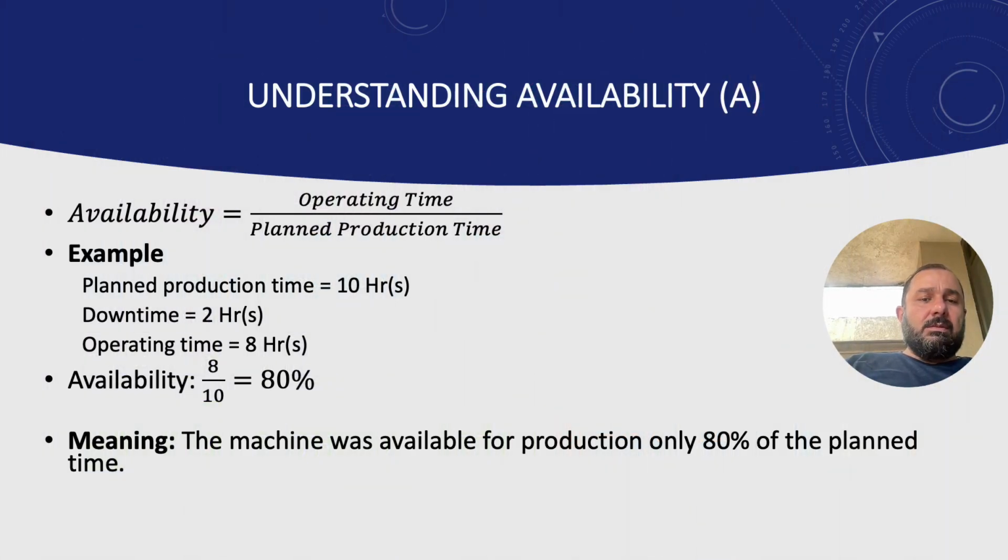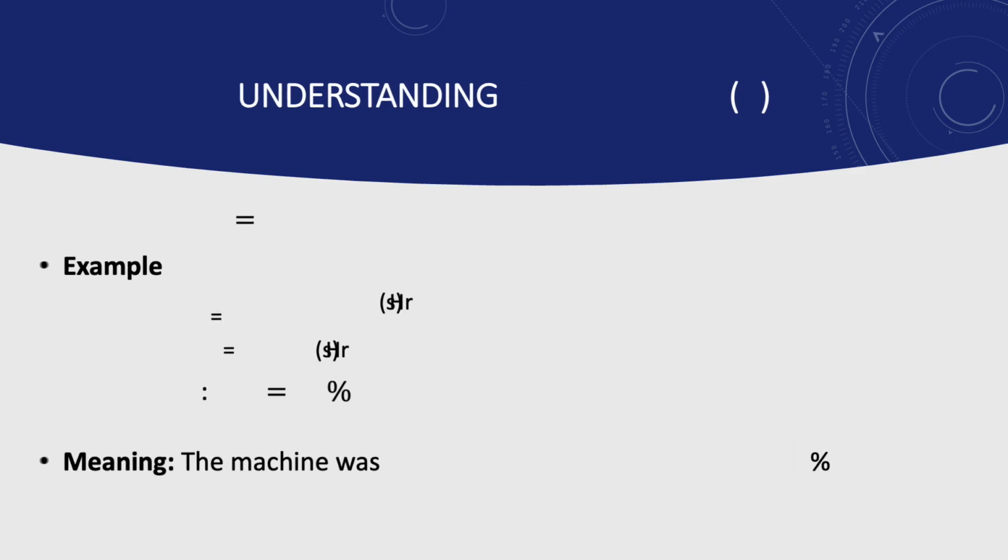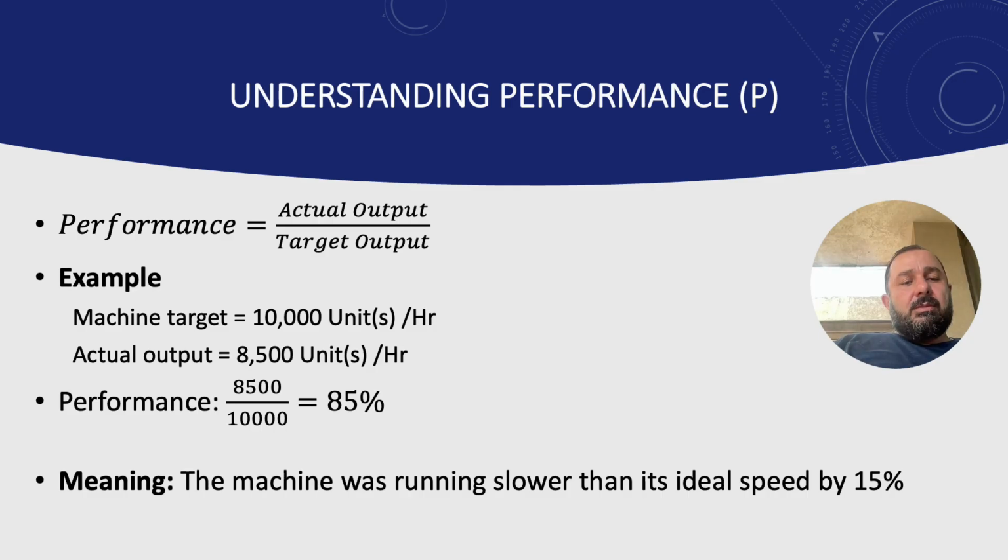Now doing each and every factor alone, we can give an example, like in availability. If I'm having, for example, 10 hours, and I have a downtime of 2 hours, then operating time was 8 hours, then my availability is 80%. It means that the machine was available for production only 80% of the planned time. If I go now to performance, we are having actual output over target output.